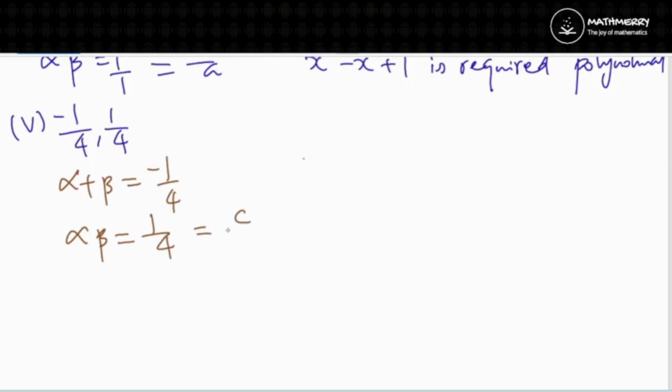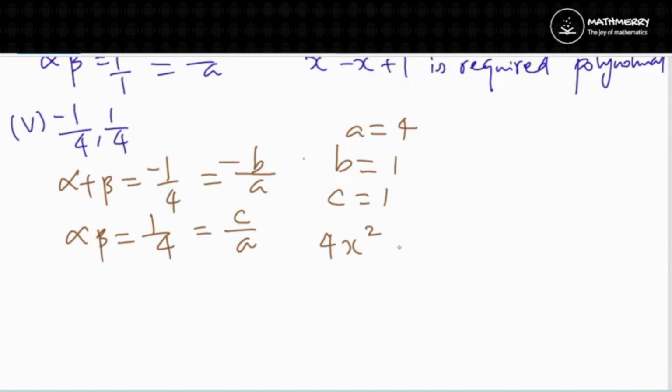So here this is our c by a, and here we are getting minus b by a. So that means b is equal to 1 and a is equal to 4 and c is equal to 1. So our required polynomial will be 4x square plus x plus 1.